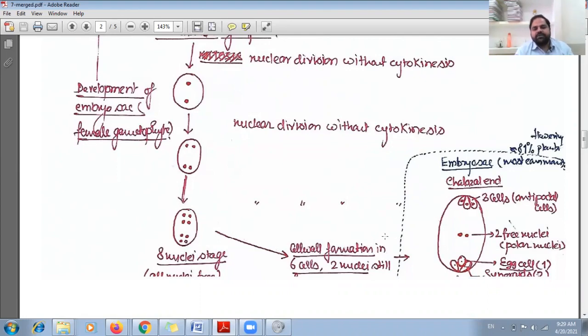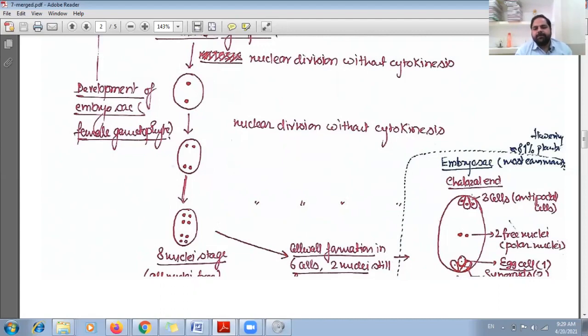Cell wall formation takes place only around 6 cells. So of the 8 nuclei, only 6 will have a cell wall, and 2 nuclei will not have a proper wall. So how will this structure look?